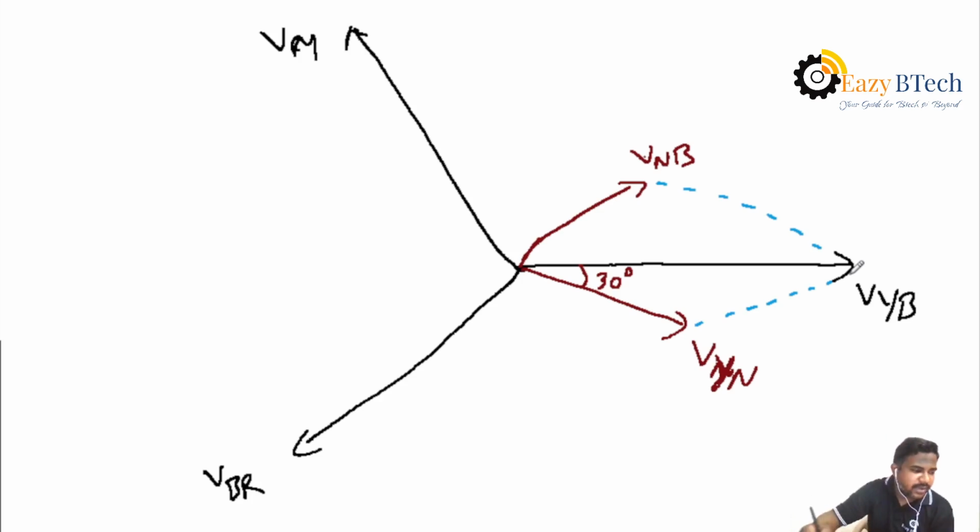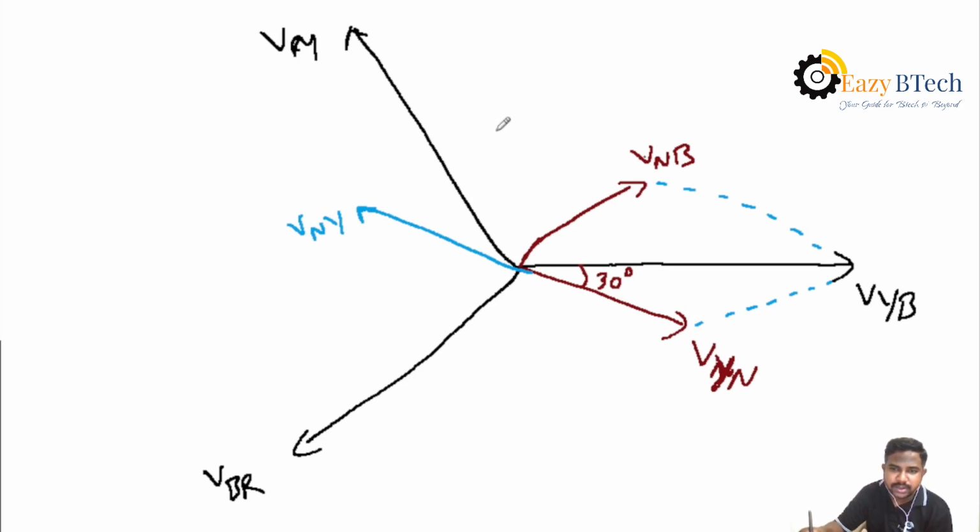That is, for VRY, VRY is the line voltage. For VRY, what are the phase voltages? VRN and VYN. Okay, that is VRN plus VNY. Already we have VYN there. In the same manner, the vector will be reversed here. The same vector VYN will be reversed, so a minus sign is obtained, nothing but VNY. The vector becomes reversed.